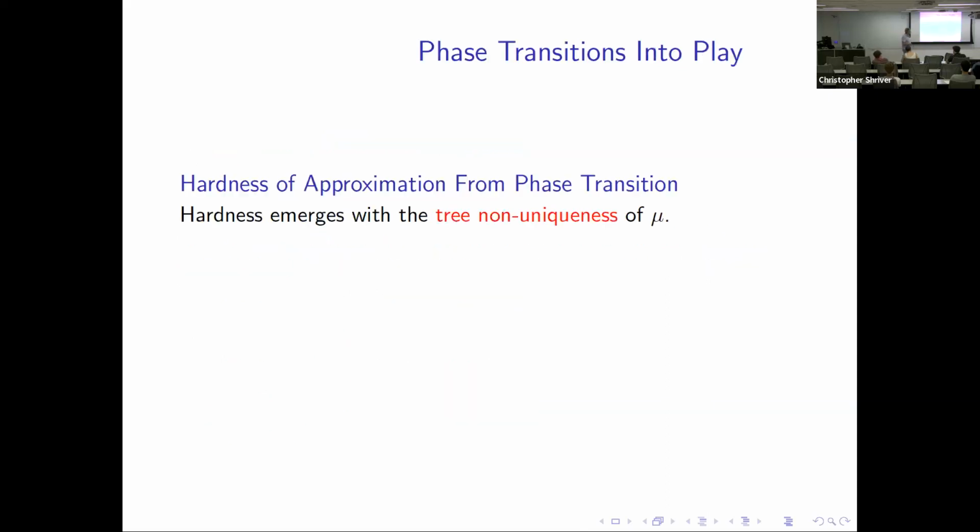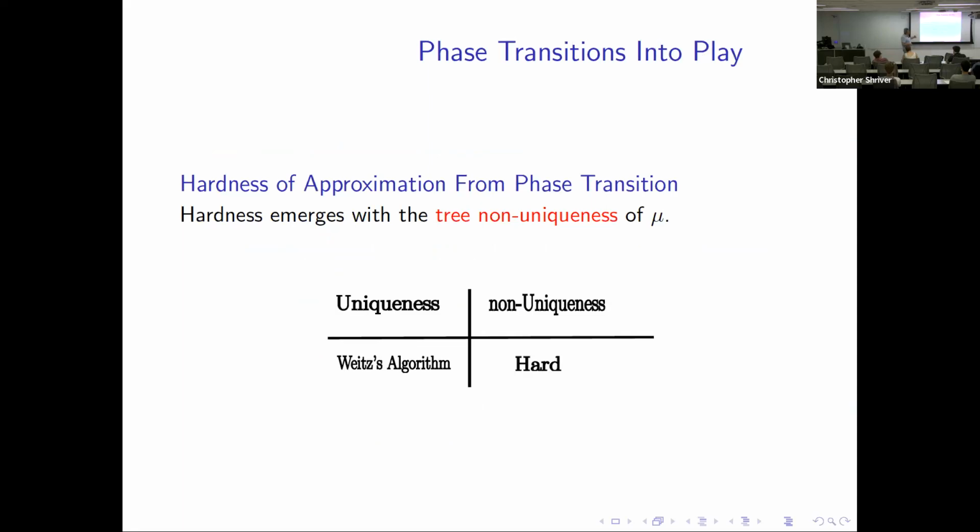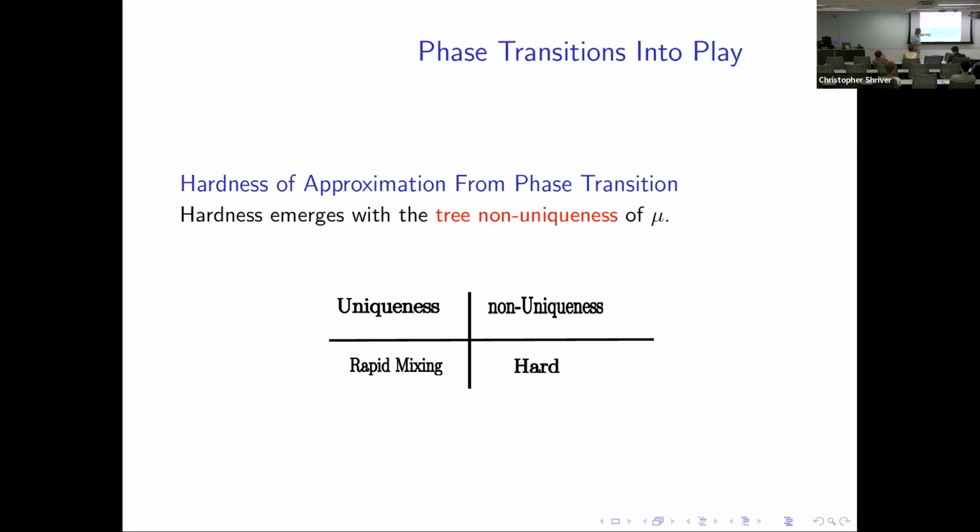So if we go back now in our scheme, in the discussion about hardness. Basically what we have is that in uniqueness, we not only have Weitz's beautiful algorithm, but we also have rapid mixing for Glauber dynamics to do counting.